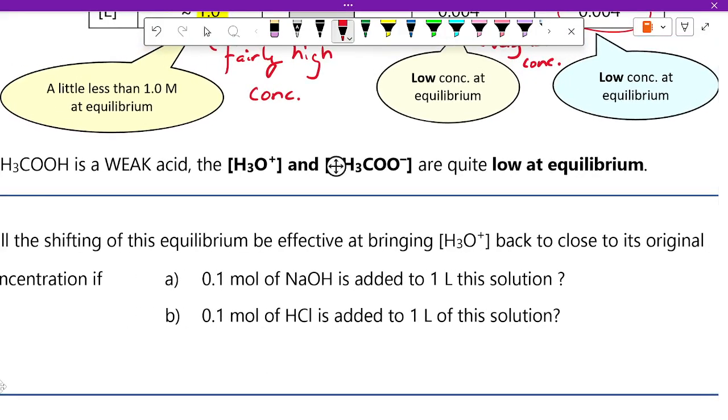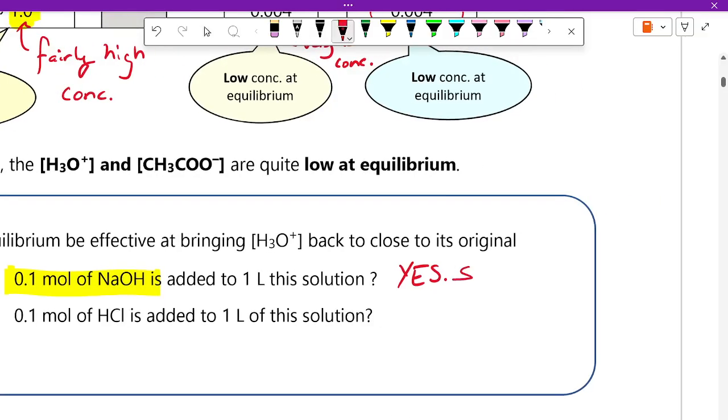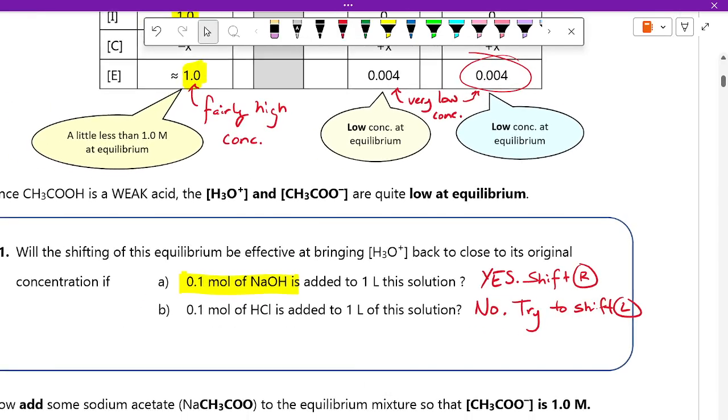If we had NaOH, we said yes, correct? And when we added hydrochloric acid, no, because it will try to shift left, but it will quickly run out of acetate ion and will no longer be able to shift.